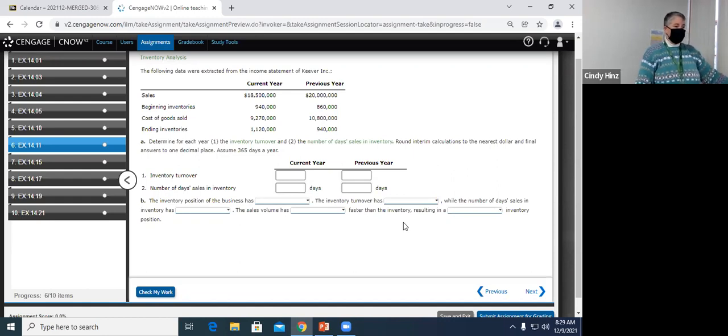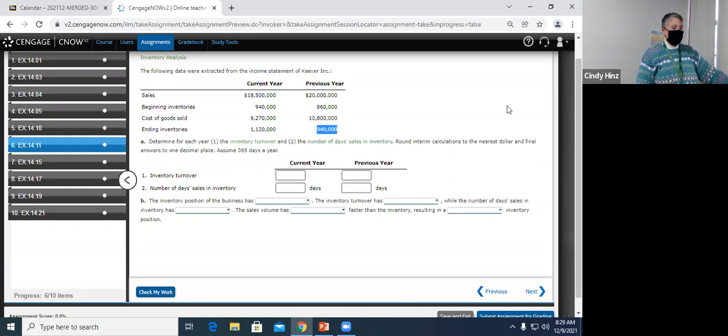So let's look at the current year's inventory turnover. If you made a note of that calculation, you know that the calculation is cost of goods sold divided by average inventory. Well, we need to find our average inventory. We know the ending balance for the current year.